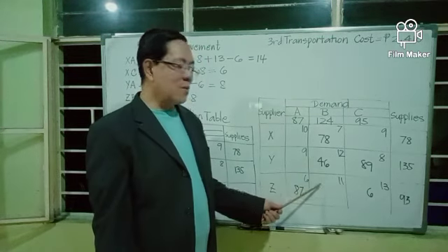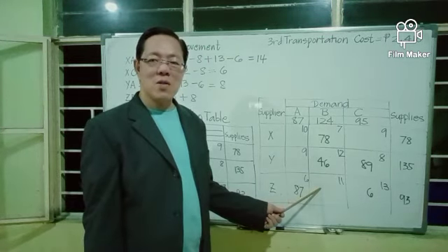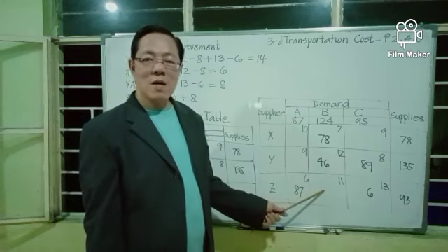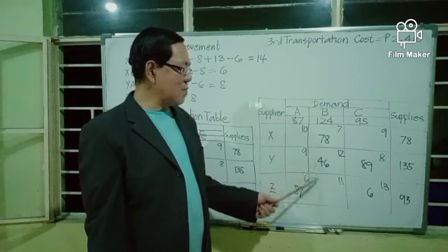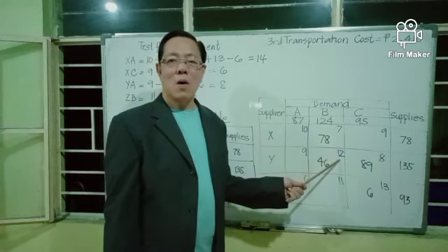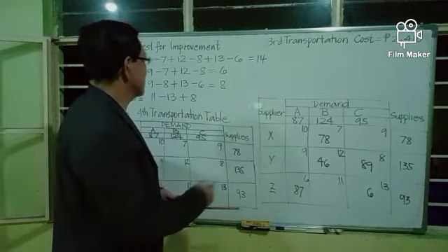From 46, you move vertically downward back to where you started, the vacant cell CB, and the cost associated with that vertical movement downward is the negative of this cost, or minus 12.